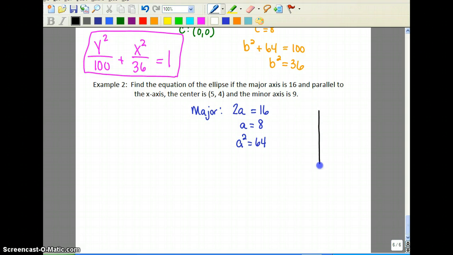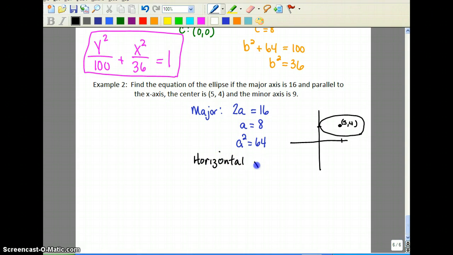So if you're thinking about the graph, the center is 5, 4, and it's parallel to the x-axis. So that would tell me that it would go elongated like that, which tells you that you have a horizontal ellipse. What does horizontal ellipse mean?